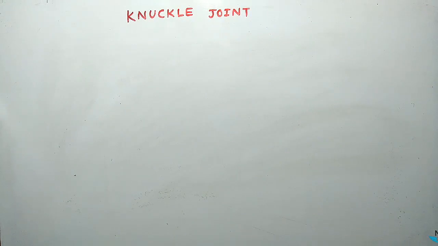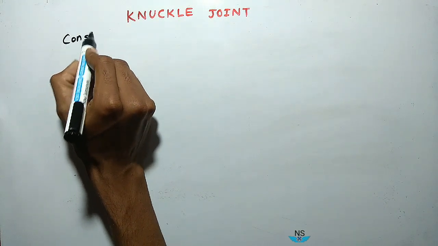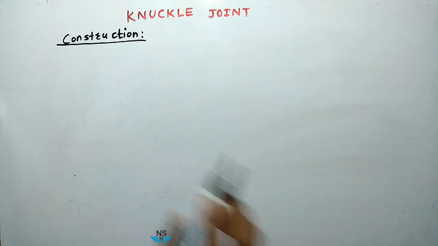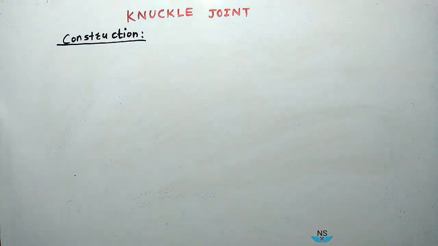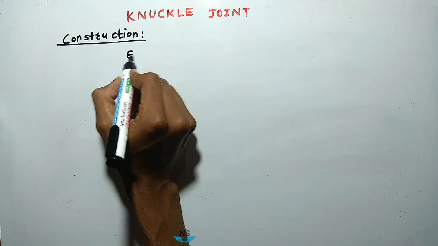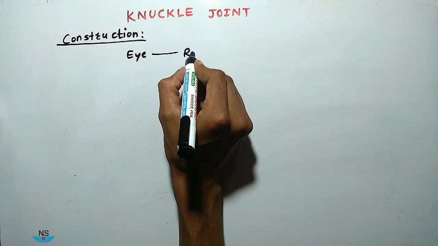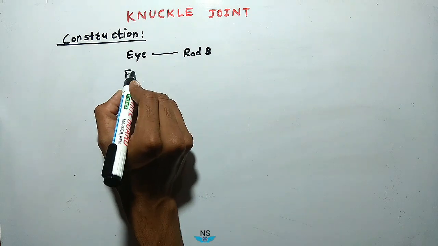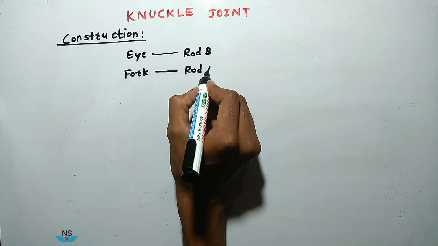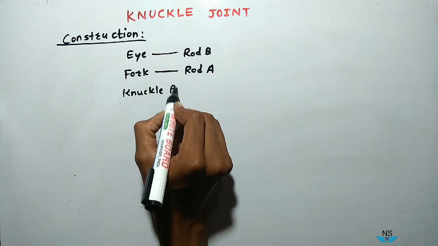Now let us see the construction of knuckle joint. So there are two rods, rod A and rod B. Knuckle joint consists of an eye with one rod, that is rod B, and a fork with rod A. Then one pin is there, called the knuckle pin.